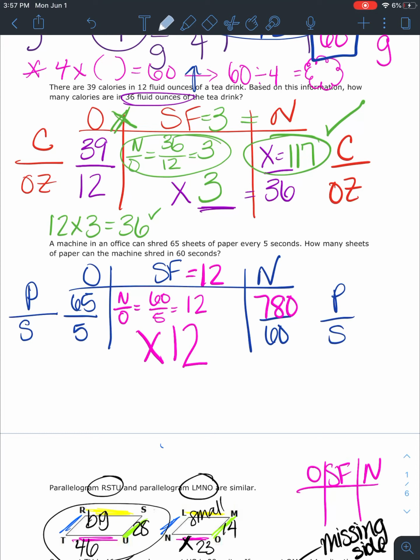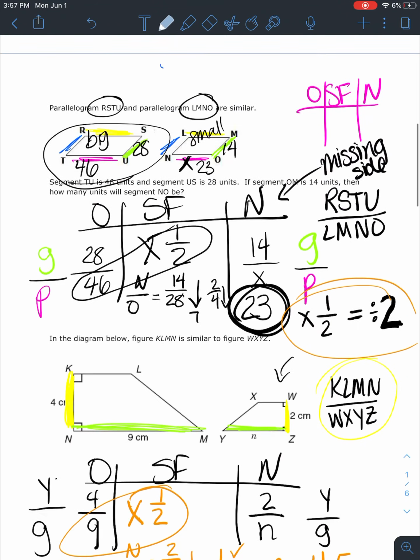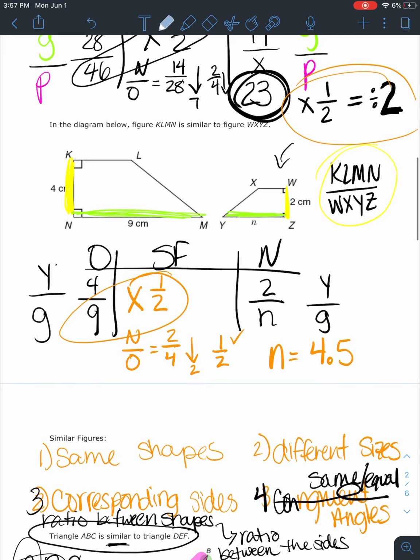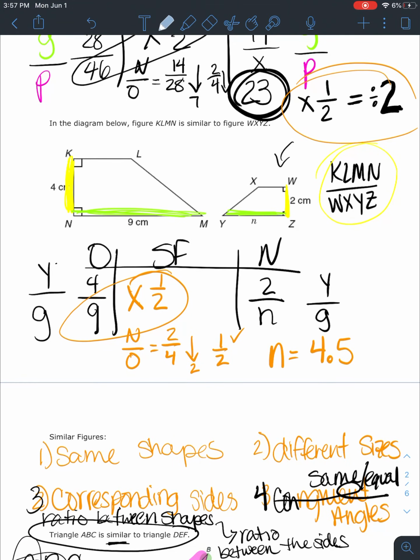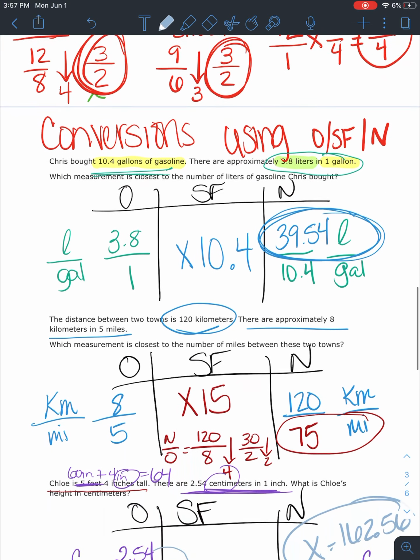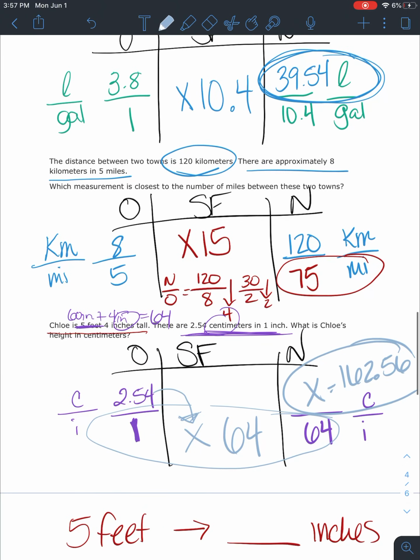My scale factor formula does not change. My missing or my variable always goes in the new column, and I am working left to right, and I'm checking my work and using my table. Okay, so there's no reason why we should be using another process to solve this. Use what is here because it's going to work on all of those problems.